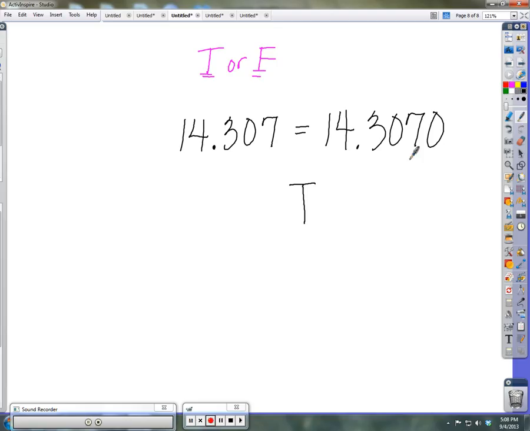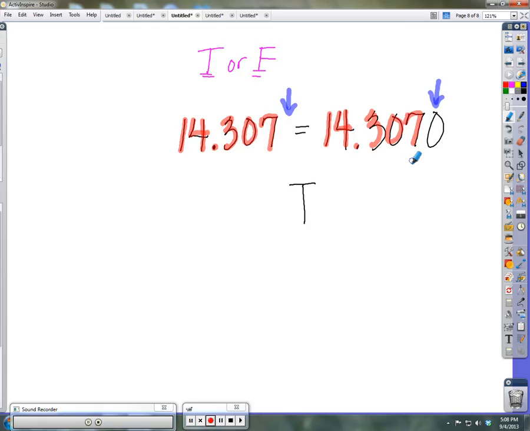They are equivalent to each other. The original decimal number, 14.307, appears right here. They are identical to each other. The only difference is at the end of the number, I added 1 zero. So if the zero is added to the end or taken away from the end, they are equivalent to each other.